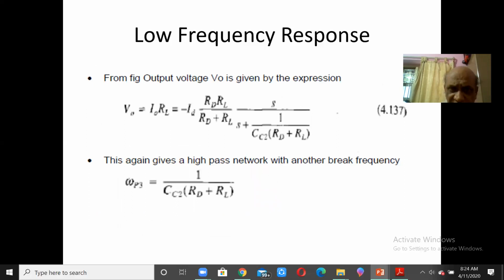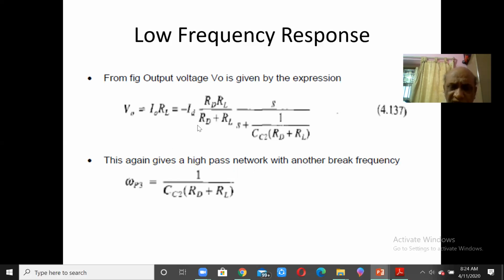Further simplification of this will lead us to an expression like this. This can be considered as an exercise of derivation from what I have told just now. You can derive this expression very easily. Again, you can see that it is a high pass network with the break frequency, WP3, equal to 1 by CC2 into RD plus RL.